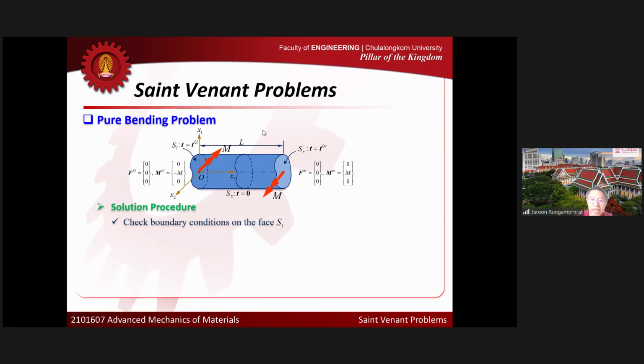Now it still remains to check the boundary condition at the left and at the right end. So I look at the left end first. As I mentioned before, I will not try to force the boundary conditions in terms of the traction at every point. Again, I will go back to the same concept using the Saint-Venant principle. I will try to check the net forces and net moments at the left and at the right ends.